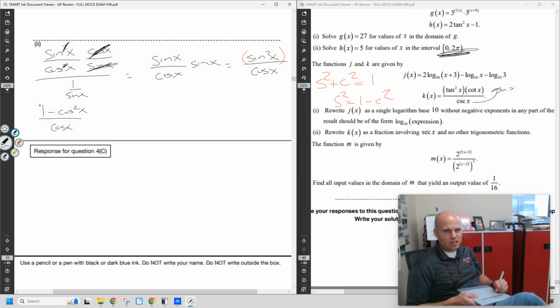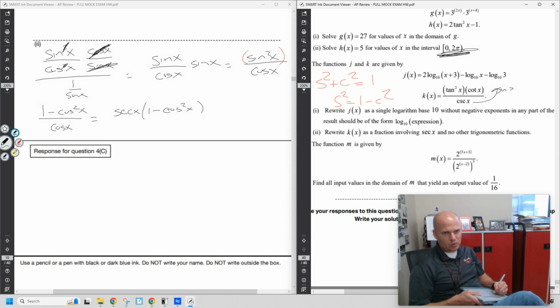But then I read the question a little bit, and it says it's got to be a fraction. So here's what I'm thinking. Cosine can be moved up to the top to be a secant, and then I could have this 1 minus cosine squared here.